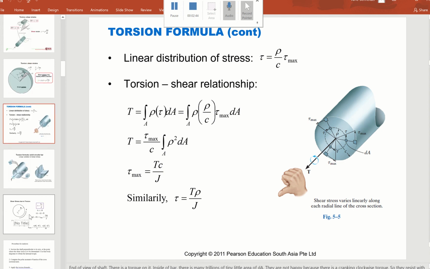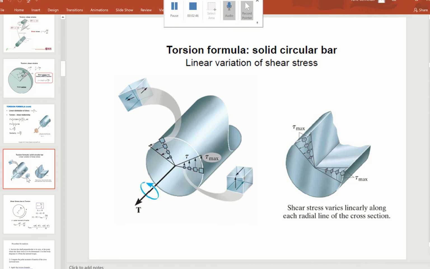Another concept I want to go over using those slides is the profile of the shear stress due to torsion. You notice it's linear, right? Start here, there's no shear stress. This tau is equal to 0 in the center of your shaft. Then when you start to increase the radius, the shear stress increases until at the outer surface of the shaft, you reach the maximum shear. It's linear, and this is something you can take a moment to visualize.